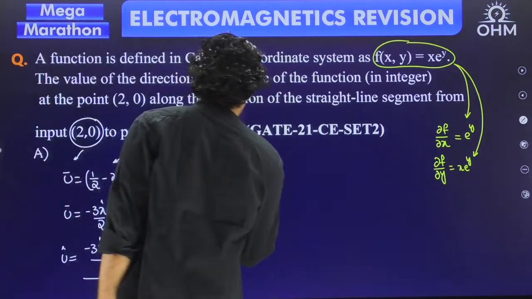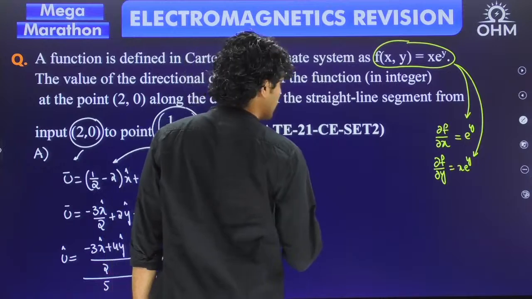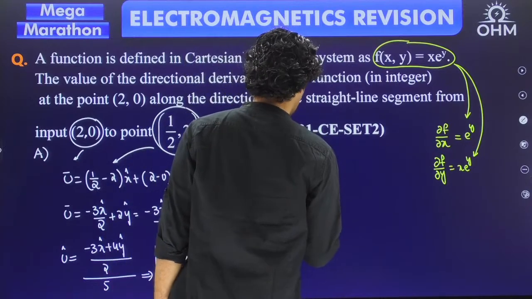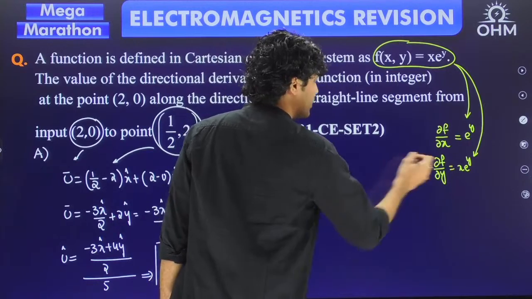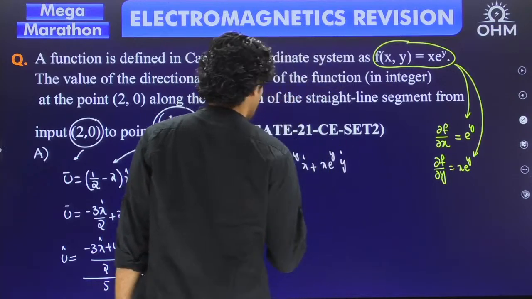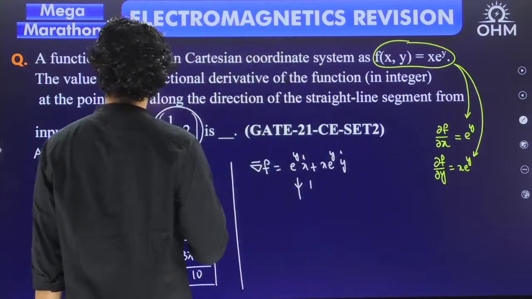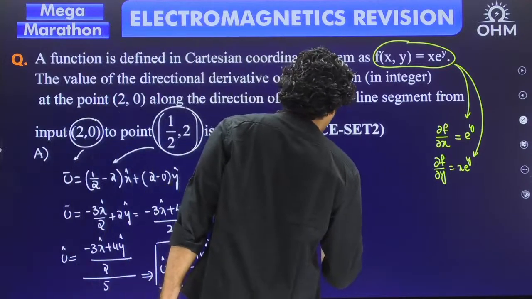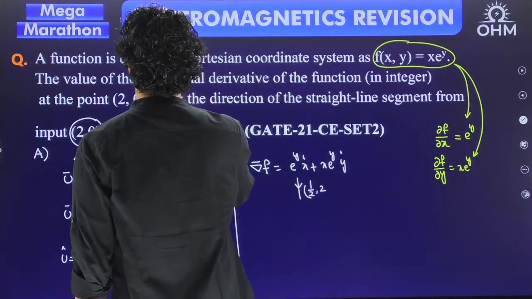I more or less got my gradient function also. Gradient of f becomes equal to, differentiation with respect to x is e power y, x cap. With respect to y, differentiation is x e power y, y cap. So this is the gradient function. And when you substitute the point given to you, the point is 2 comma 0.